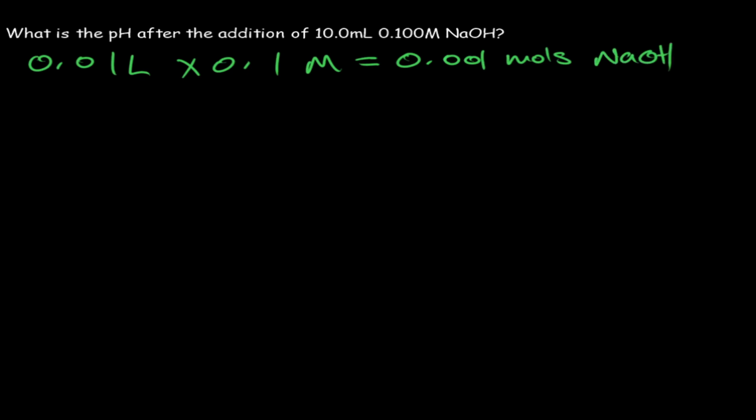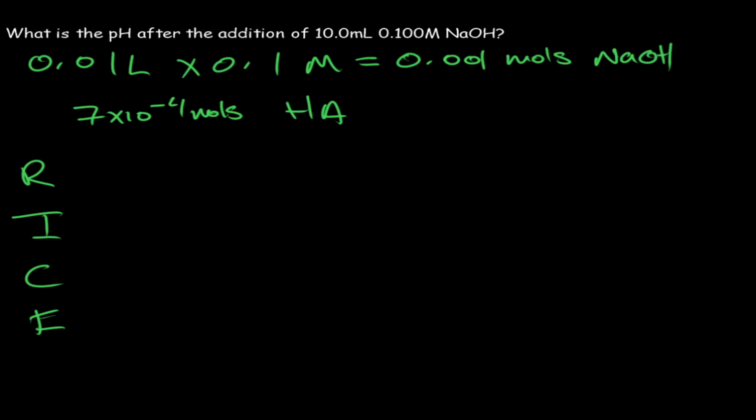And we know that our flask initially had 7 times 10 to the negative 4 moles of acetic acid, which again we're labeling as HA. So if we make our RICE table, we have the same reaction.